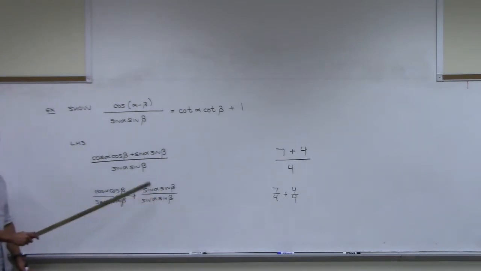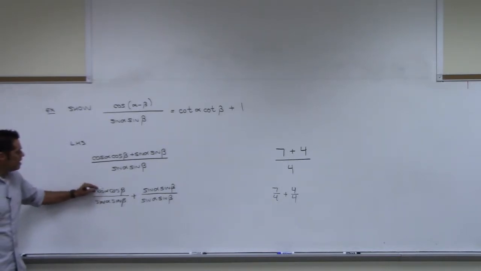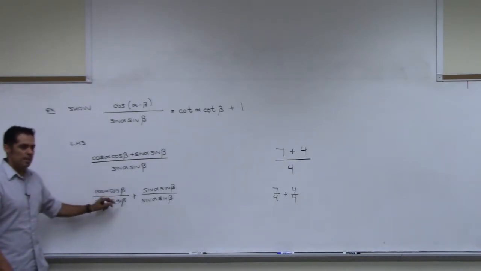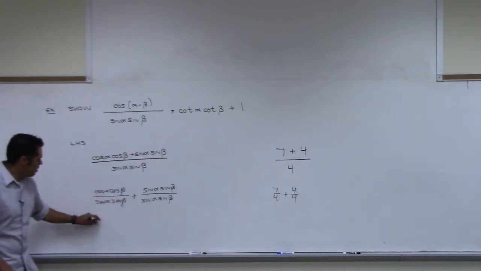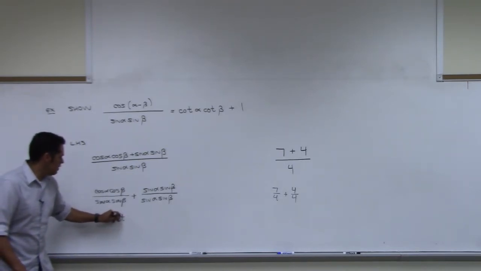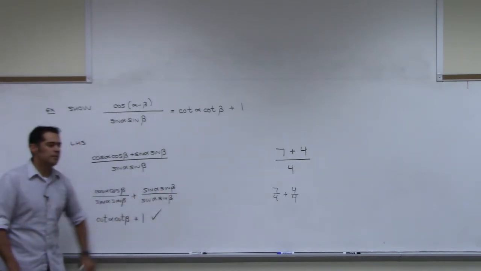That's a 1, right? Yeah. And this one, cosine over sine. Cosine of alpha over sine of alpha is cotangent alpha. Cosine beta over sine beta is cotangent beta. So this is cotangent alpha cotangent beta plus 1. Check.